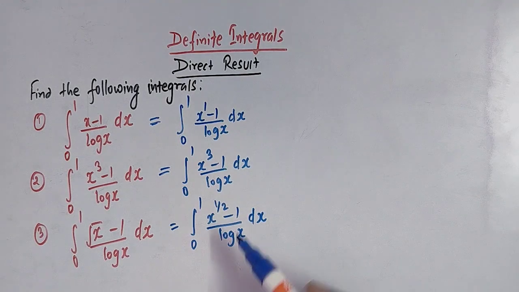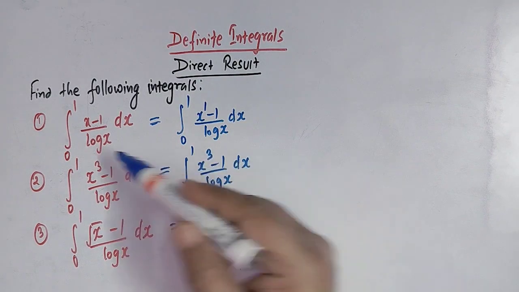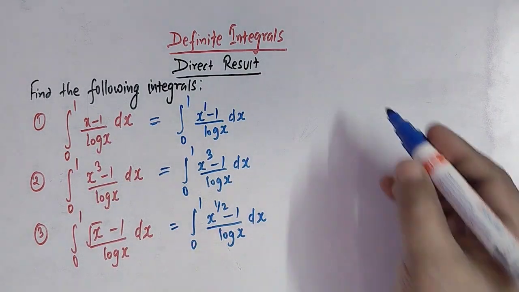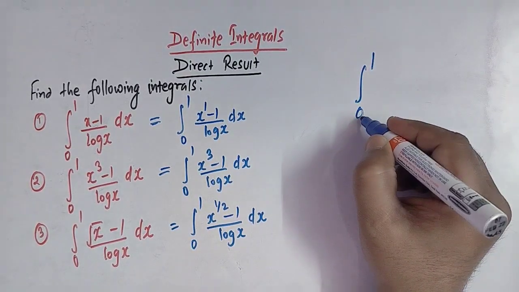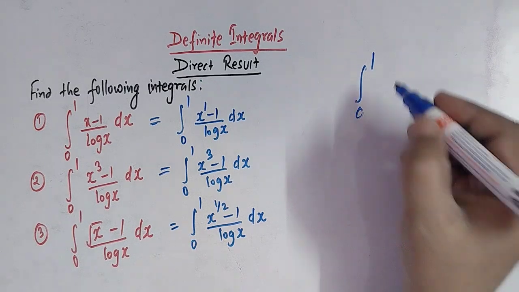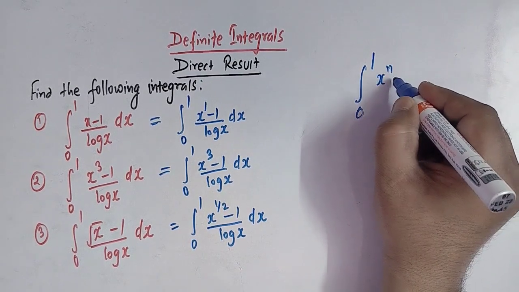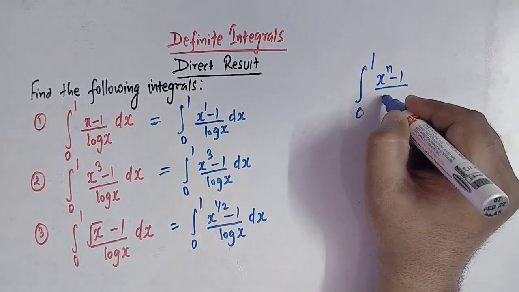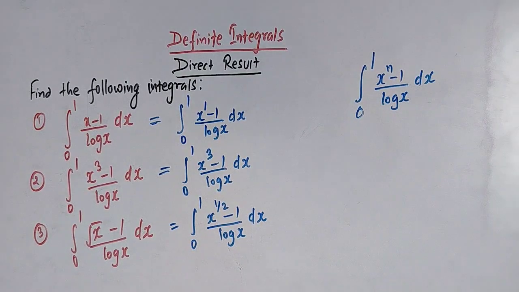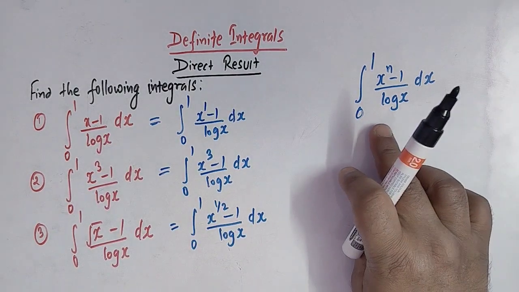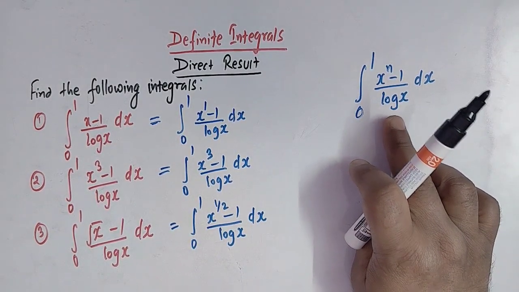So we see that these three integrals are of this type: from 0 to 1, the lower limit is 0, the upper limit is 1, and we have x raised to n minus 1 divided by log of x dx. These three integrals are similar to this one.